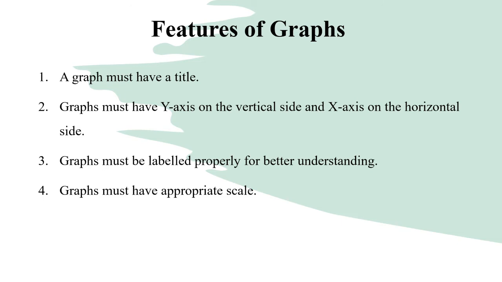The y-axis must be labeled and the x-axis must be labeled for easy understanding of what you are presenting. Graphs must have an appropriate scale. So if you are using a scale of 5 in between two numbers, it should be 5 throughout.